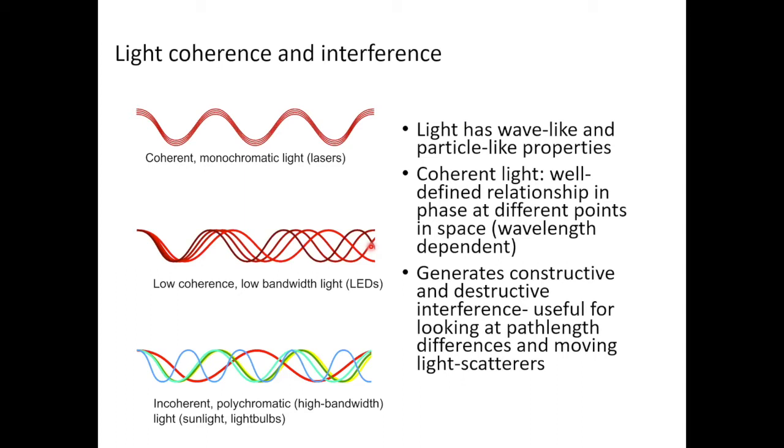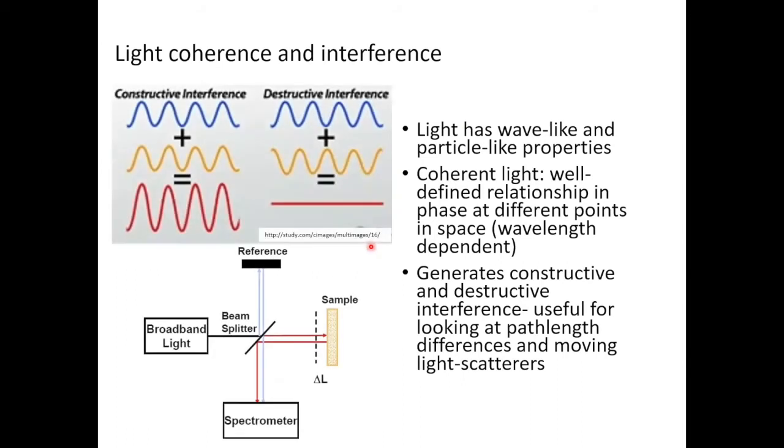This is important because with the concept of coherence, you can take advantage of the principles of interference. If two light sources are in phase together, when they combine, you'll get constructive interference and the intensity of the light will be increased. You'll also get destructive interference if they're completely out of phase. So there's a whole range of different intensities that you can get based on the relative phase differences between two beams of light.